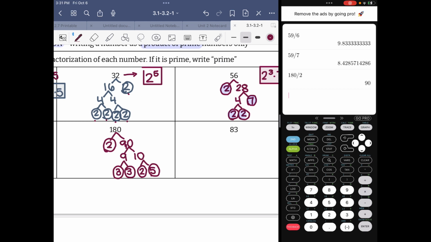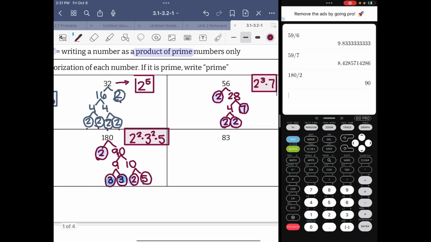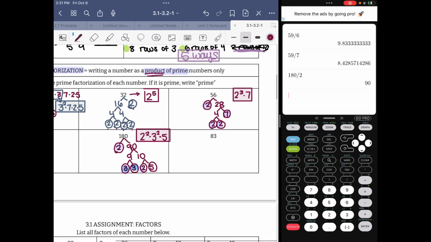So then you just have to sort of count up what you've got. I see 2 2's, so I'll call that 2 squared. And I see 2 3s, so that'll be 3 squared. And then I see a 5. Okay. One quick thing about notation, you are multiplying all of these together because prime factorization is the product, and product means times.